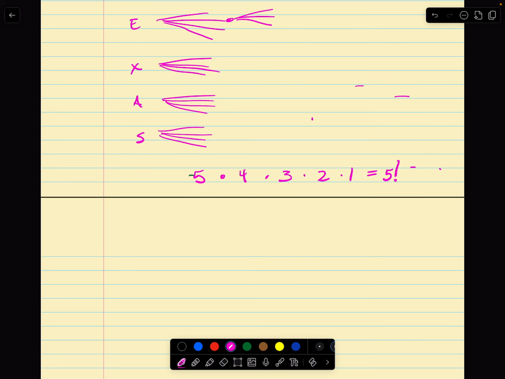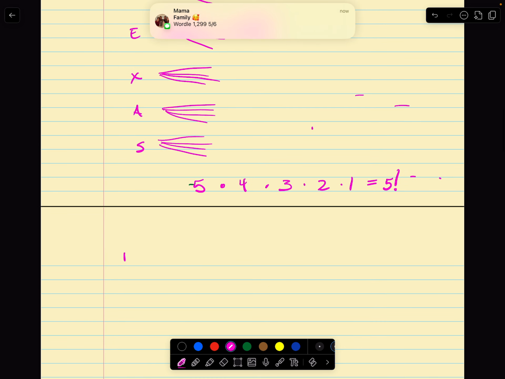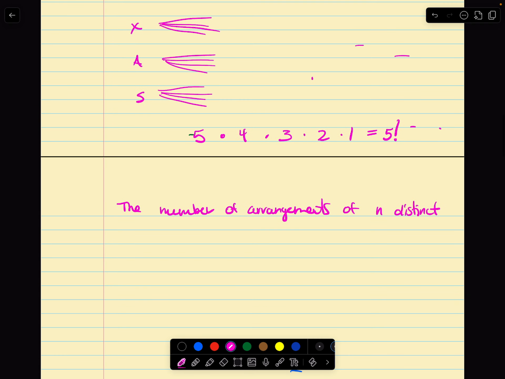So the number of arrangements, and when you talk about an arrangement, you're thinking order, of indistinct objects. So it changes if they're not distinct, but we'll address this first. The number of arrangements of indistinct objects would be n factorial, like we saw above.